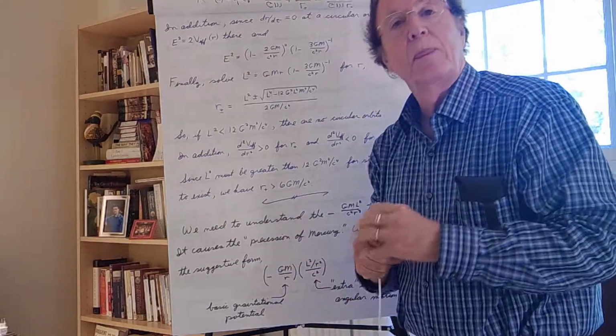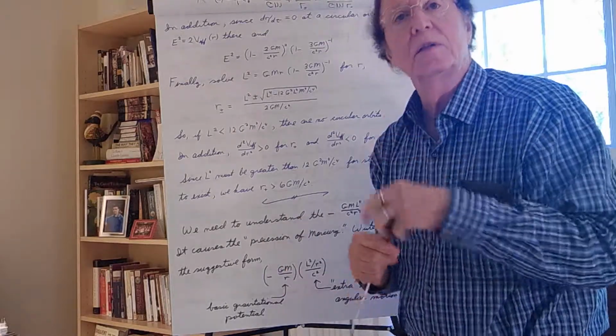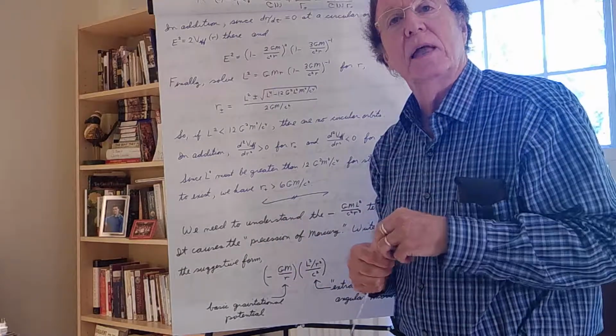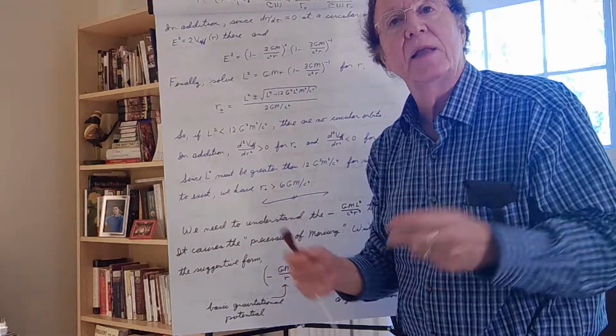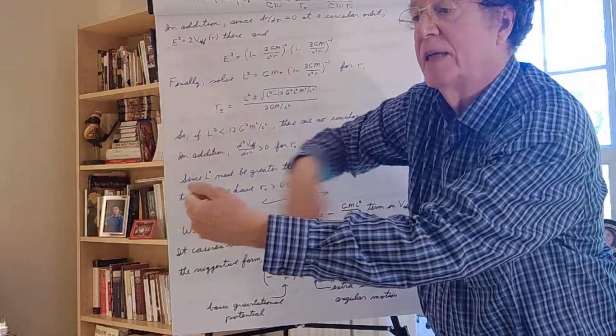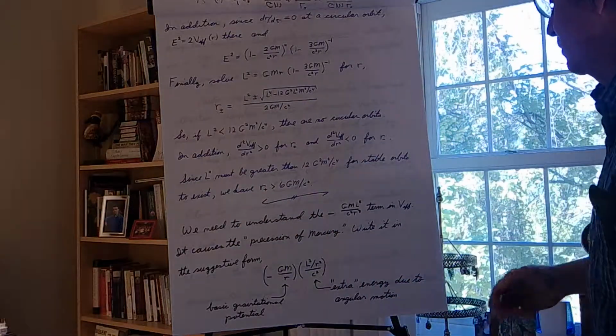Closed orbits occur only for special potentials. 1 upon r is a special potential, and the harmonic oscillator is another one. But for other potentials you might think of, the orbits won't be like that. They'll spin around. They'll precess. So this is a special effect.